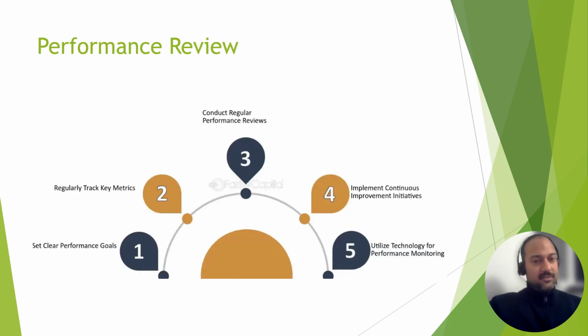Before we go to the next slide, just try to understand this one: performance review. In order to identify the gaps or the improvement areas, first you have to set a monitoring mechanism with the help of which you can track the variance.